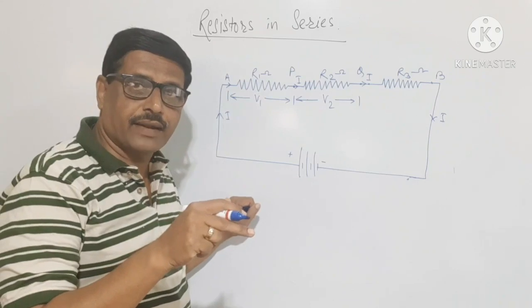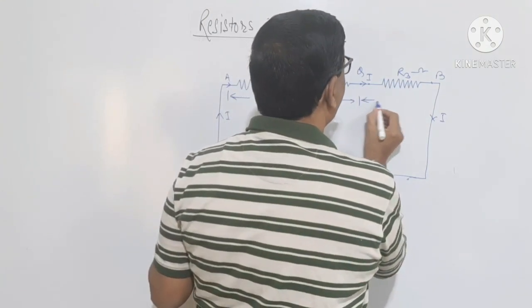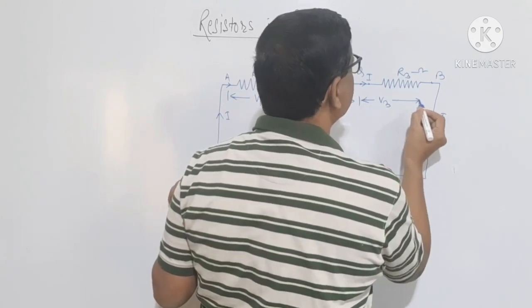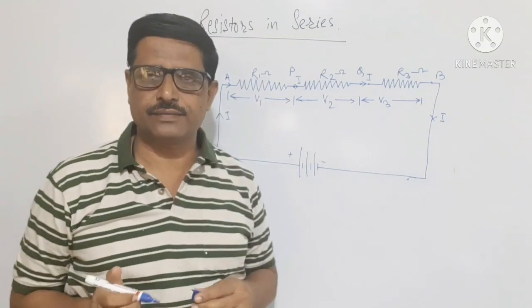In a similar manner, whenever current passes through R3, there will be a fall of potential, and the potential difference across R3 is V3.